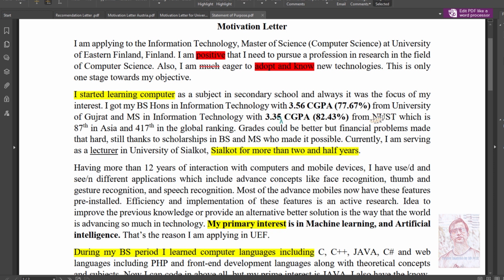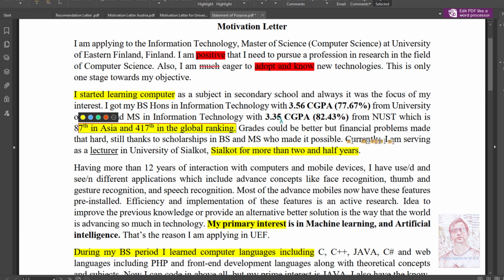Because I am from NUST and NUST has a better ranking, I also mentioned its rank. If your university is better in ranking, I think you should mention it because it is going to give a positive image to the reader.